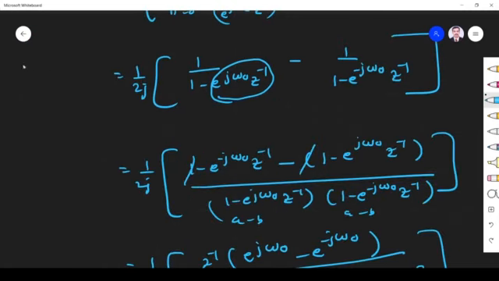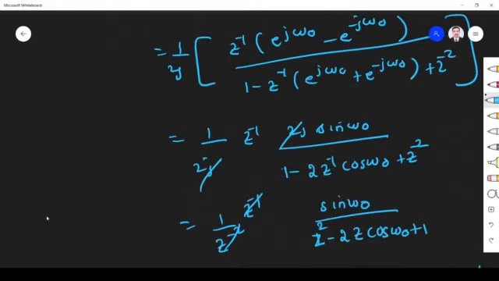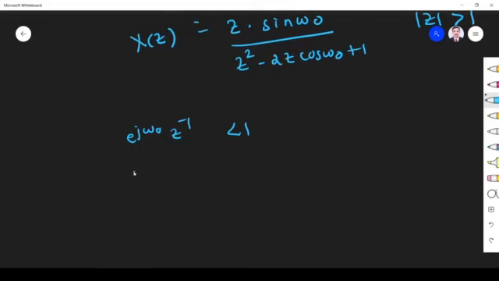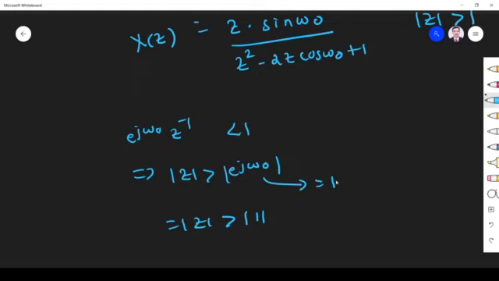So |e^(jω₀) z^(-1)| must be less than 1. This indicates mod z must be greater than |e^(jω₀)|. This implies mod z must be greater than 1 because |e^(jω₀)| is equal to 1.